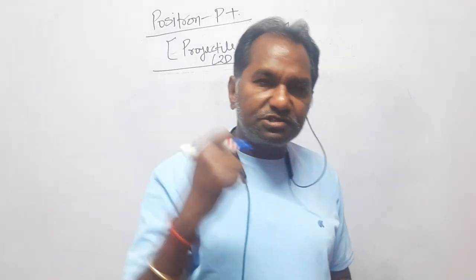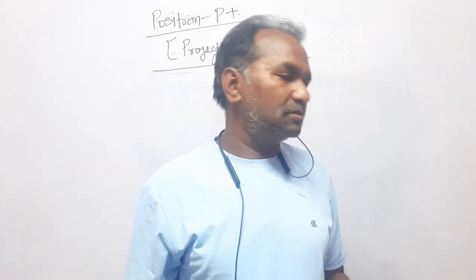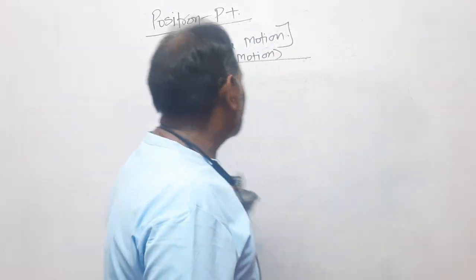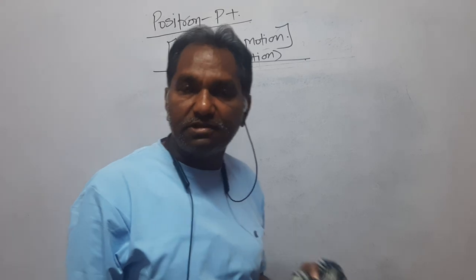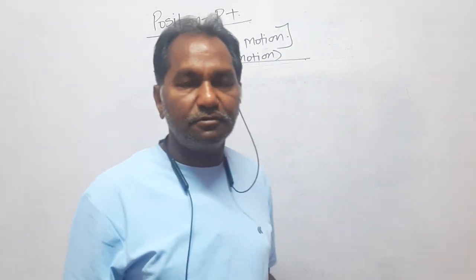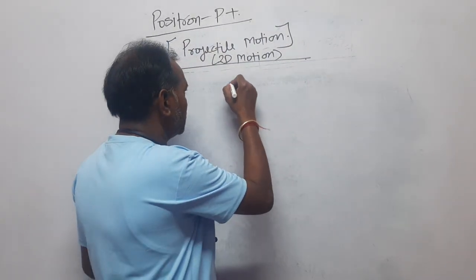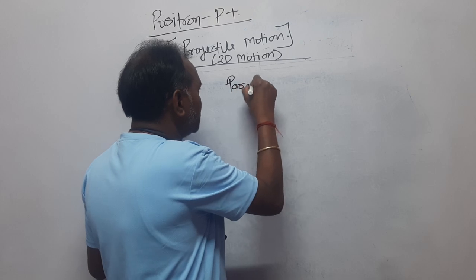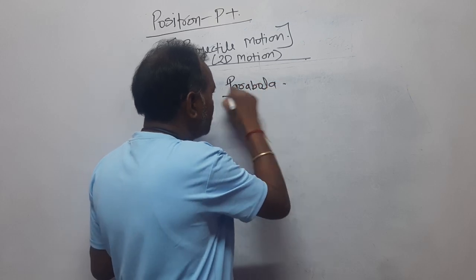Now, what are the equations? My question is, what is the standard equation of a parabola? Because we are going to study projectile motion, that is why we have to study the parabola. How many kinds of equations are there for a parabola?